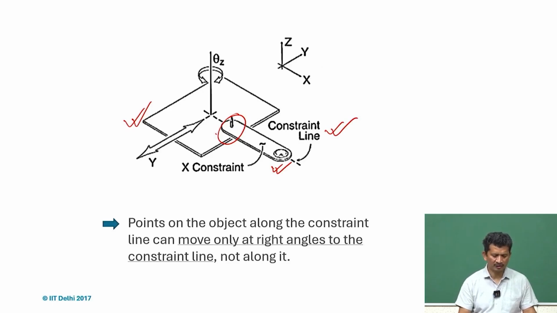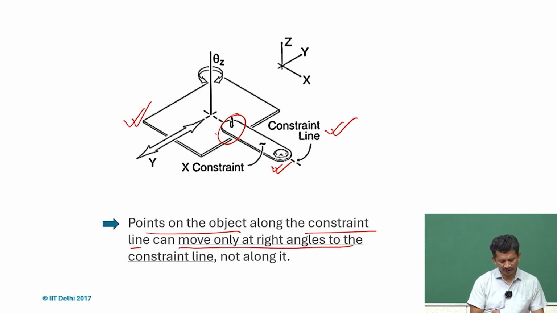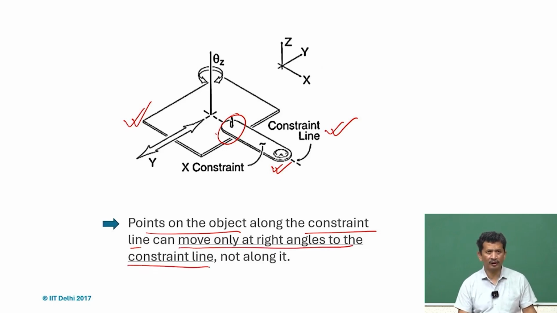So, there will be a constraint line defined along which the object will be constrained. This is what we call a device or means to provide the constraint, and what we are saying is, points on the object along the constraint line can move only at right angles to the constraint line, not along it.